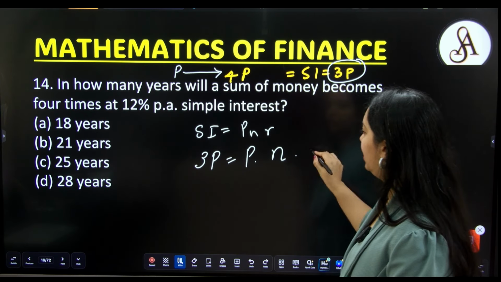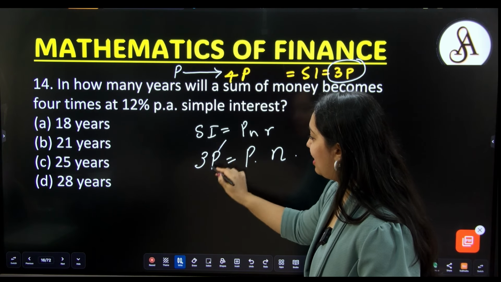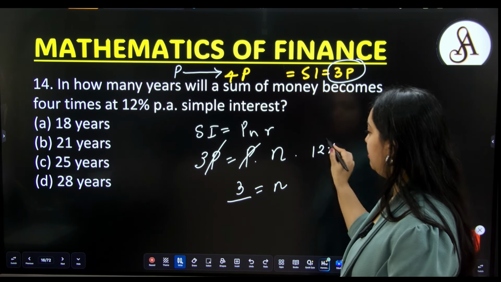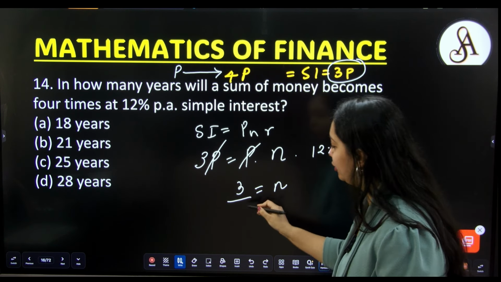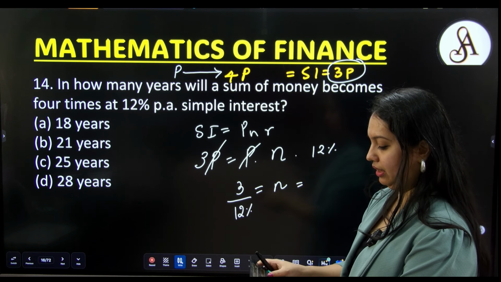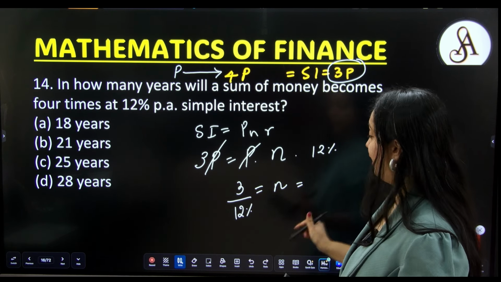R value they have given as 12 percentage. Cancel P and P, you are going to get your N value as 3 divided by 12%. Take the calculator and check it. 3 divided by 12 percentage, you will get the value as 25.